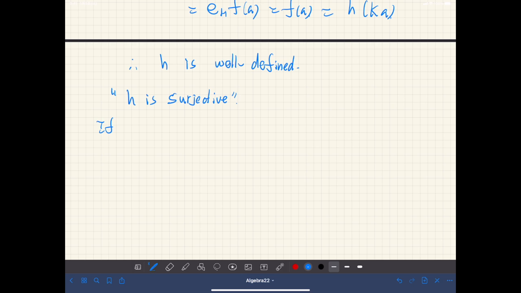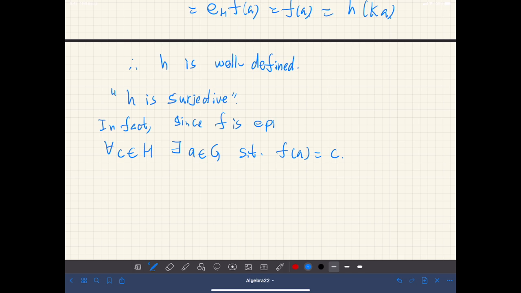In fact, for every element C in H, there exists an element A of G such that f of A is equal to C, since f is an epimorphism.